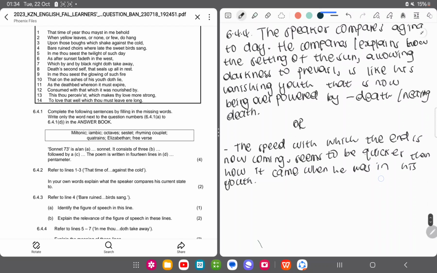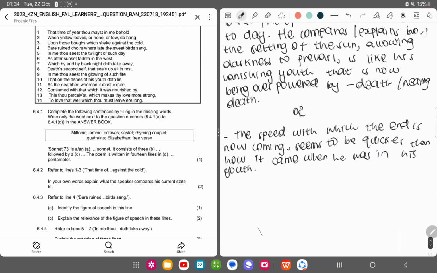Right, so these are the different versions of the answer that you can give when you are answering this question.